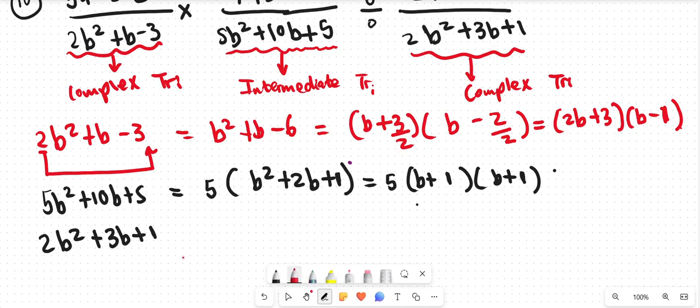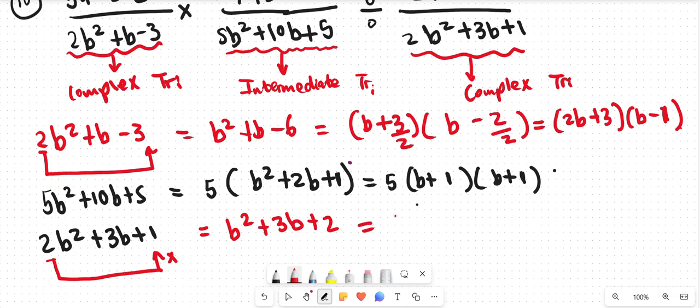You take the 2, you times it across, and you'll get a b squared plus 3b plus 2. Factors of 2 that add to give me a 3. It's a positive 2. It's a positive 1.